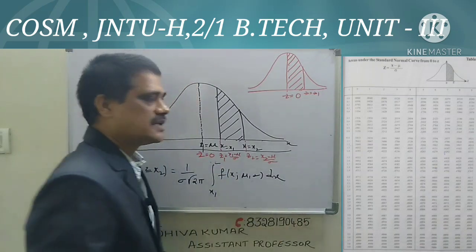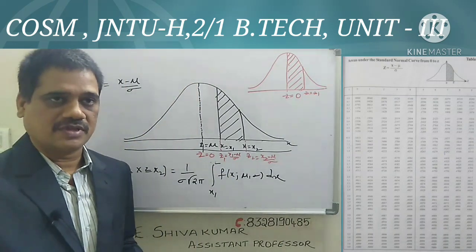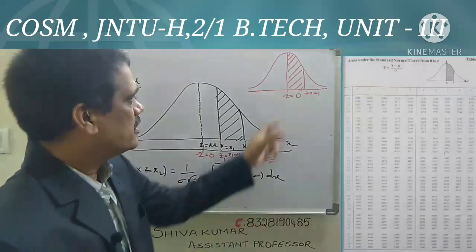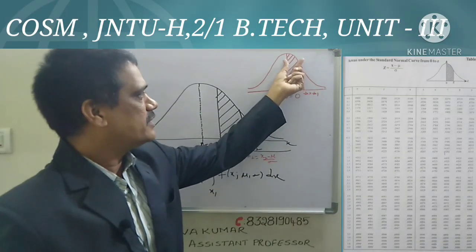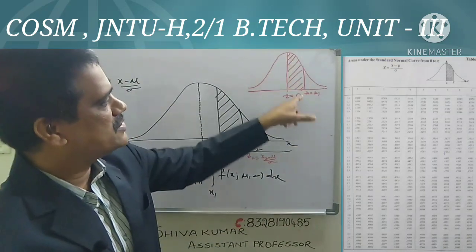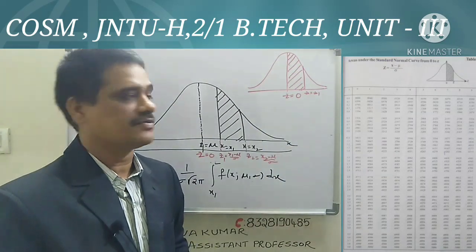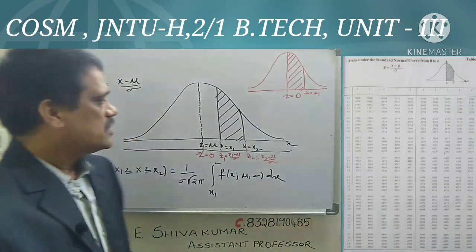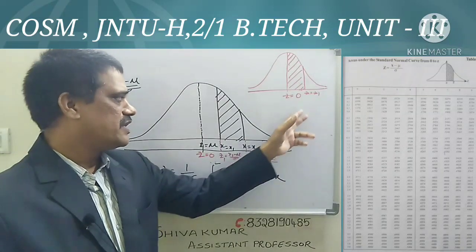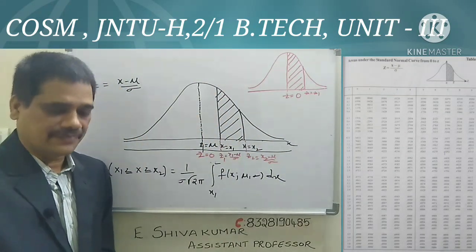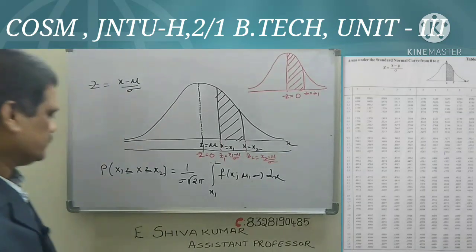For those values they give the table values. The areas given in the table are all under this region only. Be careful when you are reading the table. If the table values are given for this one, how can we calculate for this? It is very easy, so I will explain now.